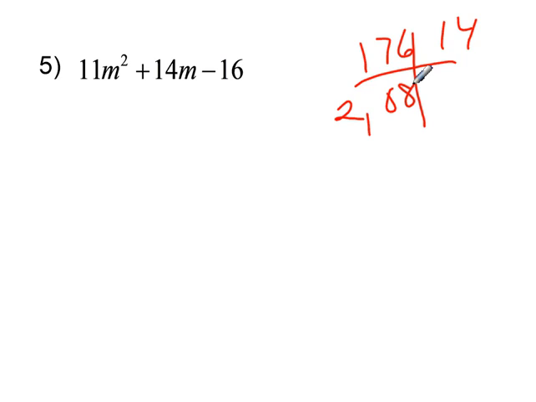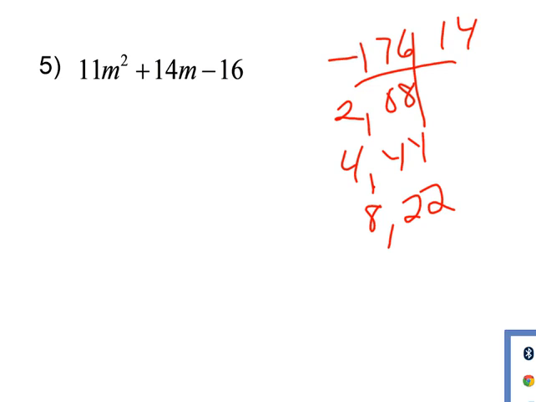All right, but 4 does. 176 divided by 4 is 44. That's not it. 176 divided by 8 is 22. And by the way, this has got to be a negative 176 because A times C is 11 times negative 16. 22 subtract 8 is the 14 that I need, so this is going to be a negative 8. Okay, negative 8. All right, so now I'm ready.